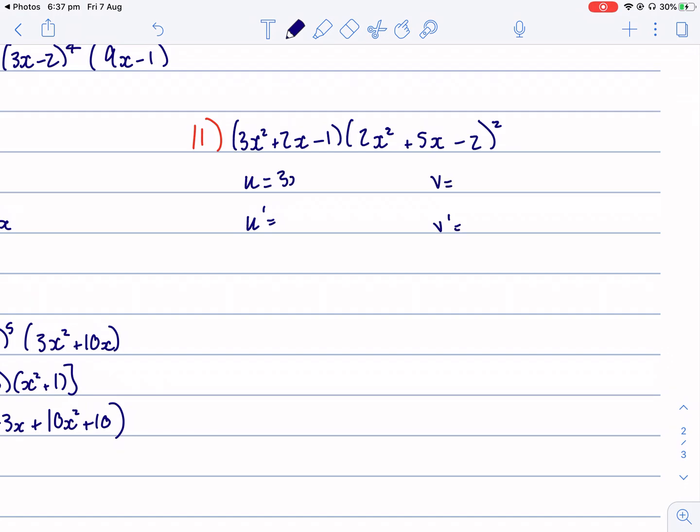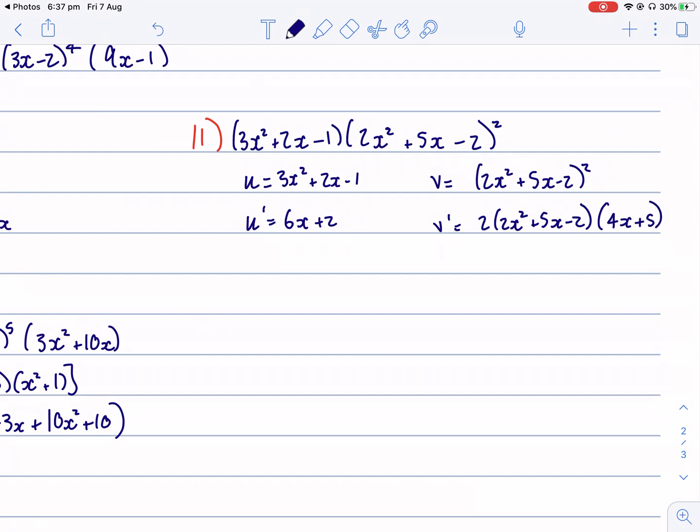So we've got 3x squared plus 2x, take 1, 6x plus 2. 2x squared plus 5x, take 2, squared. 2 lots of 2x squared plus 5x, take 2, times the derivative of the inside, 4x plus 5.